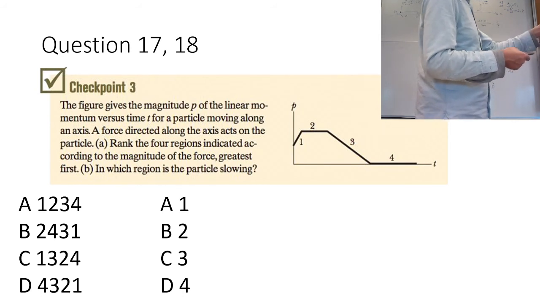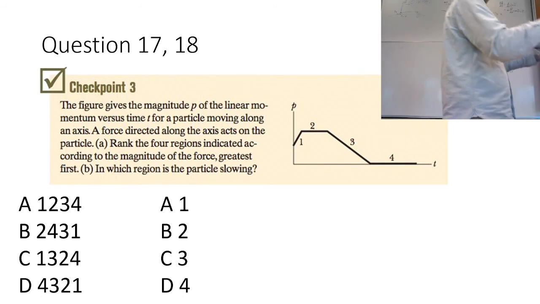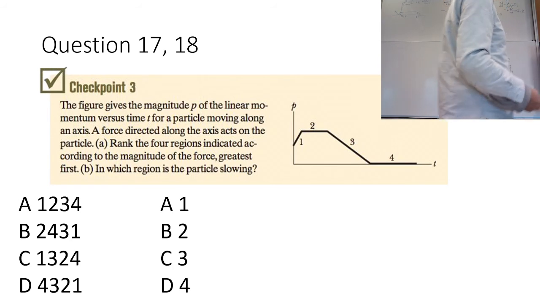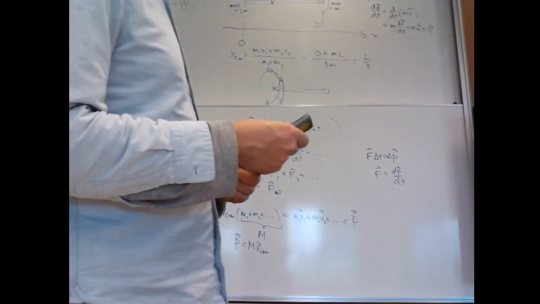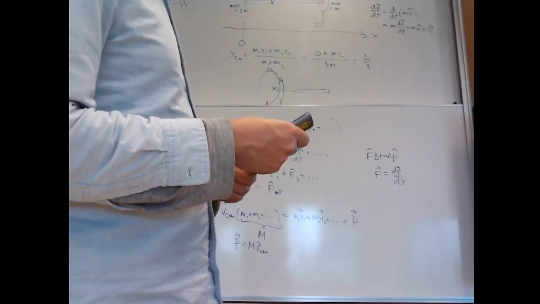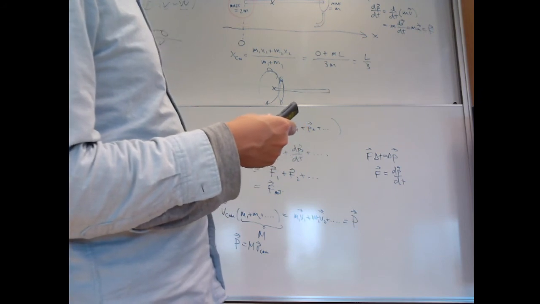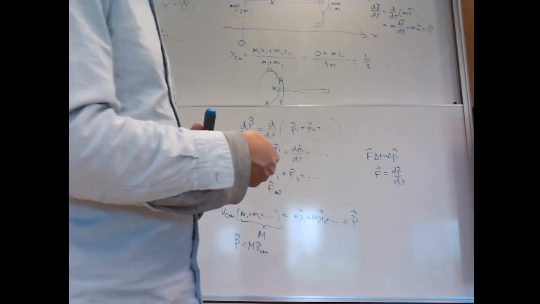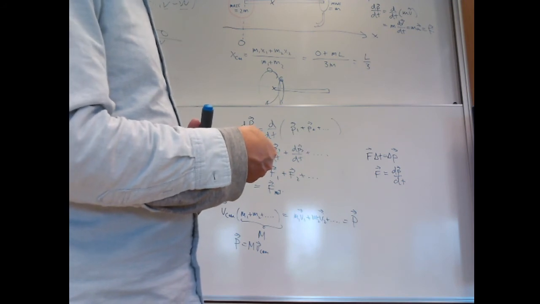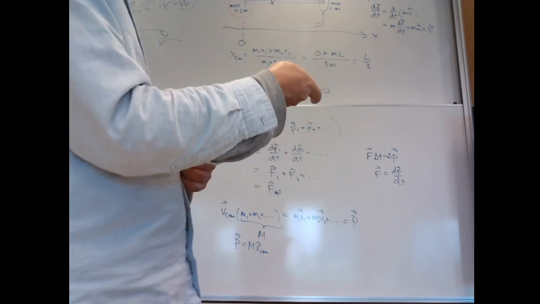So if it's going in the plus direction and the force is going backwards, then of course it's going to slow down. Yes? Because the P is negative in the formula on the whiteboard. No, I think there's no minus on which one? This one here? Right, yeah, so here the force will be negative.